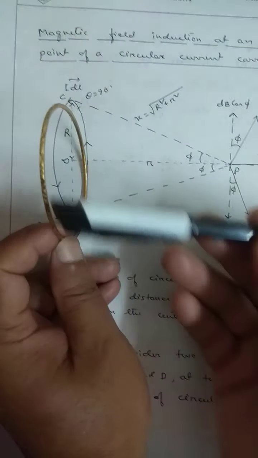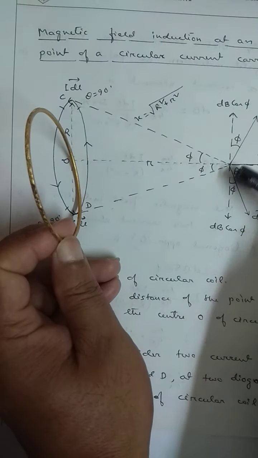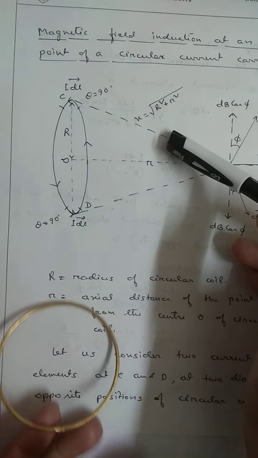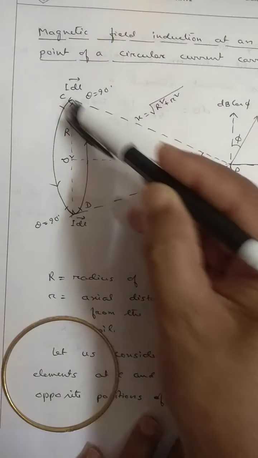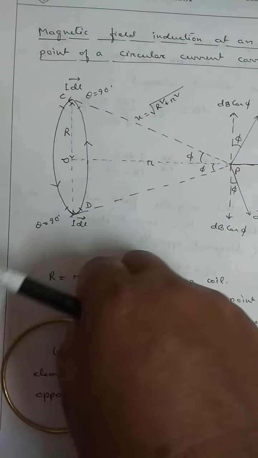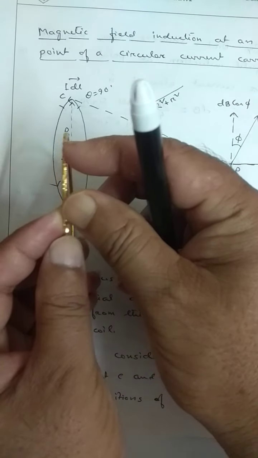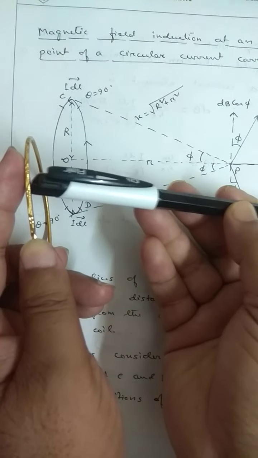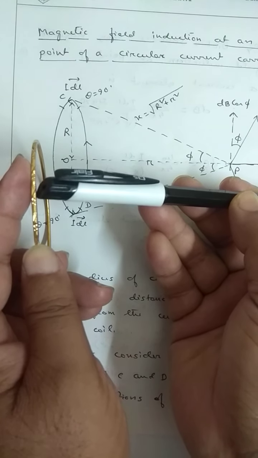Now this dotted line represents the position vector of the point P with respect to the center of the current element. If I consider this as the current element, then this is the position vector. It is slightly inclined.